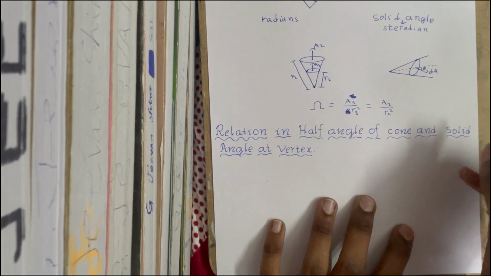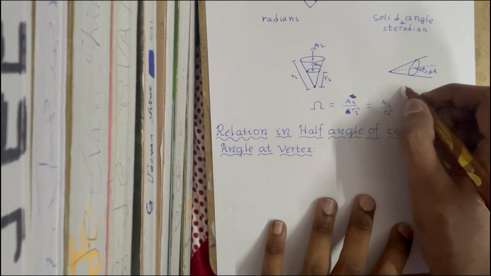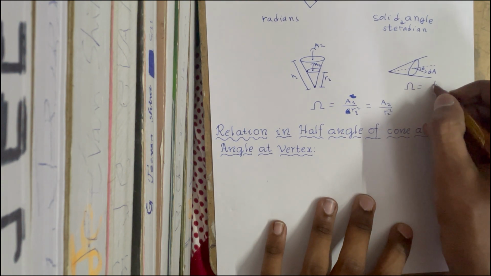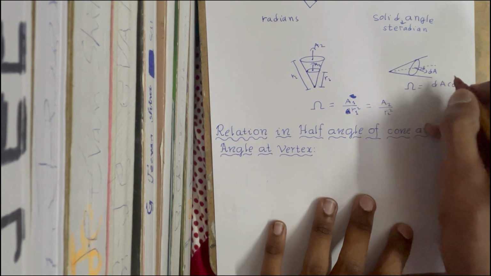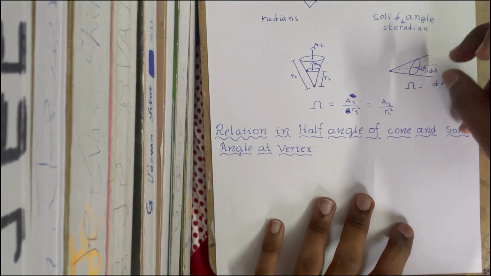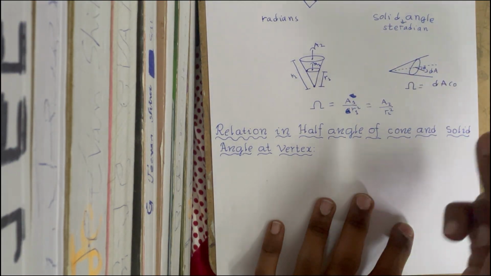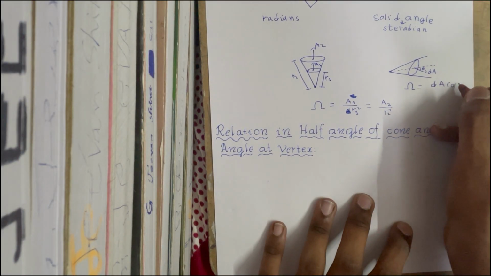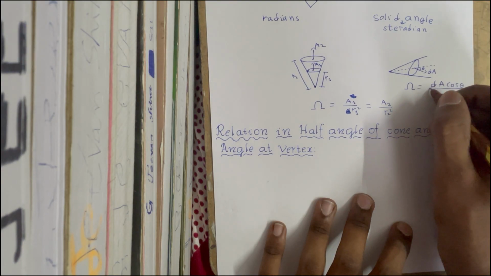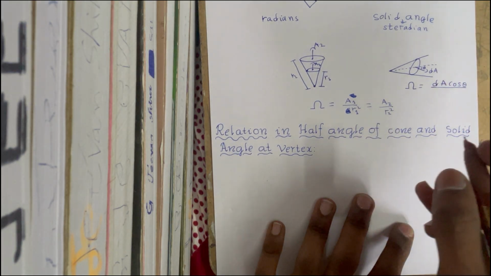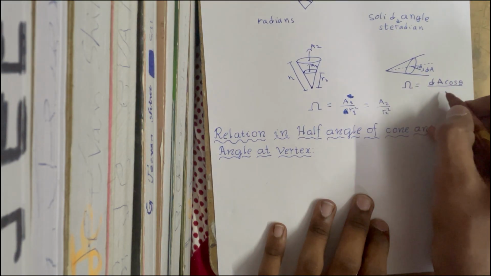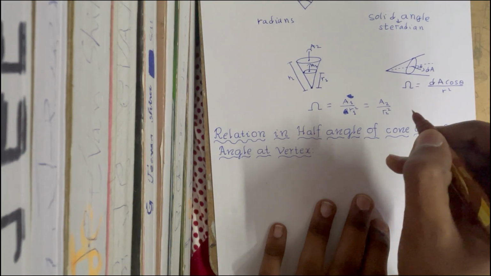So in this case, we are taking a small area here, so it is dA, and the solid angle becomes dA cos theta by R square, whatever distance this is at.